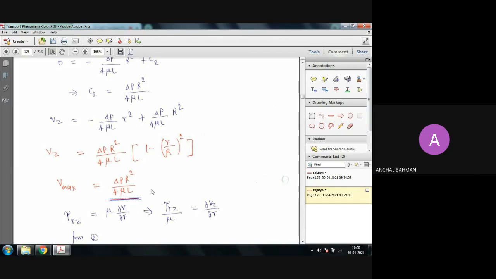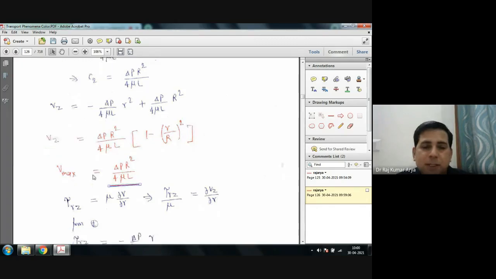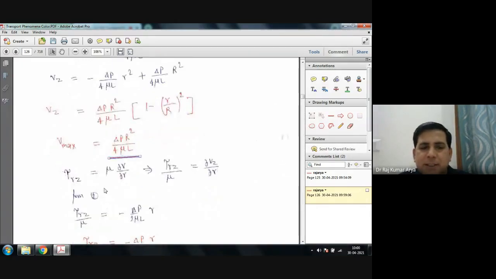So you got the velocity from here, then after that you can calculate the flow rate. Then you can calculate the shear stress. So shear stress you can write tau rz equal to mu del Vz upon del r.